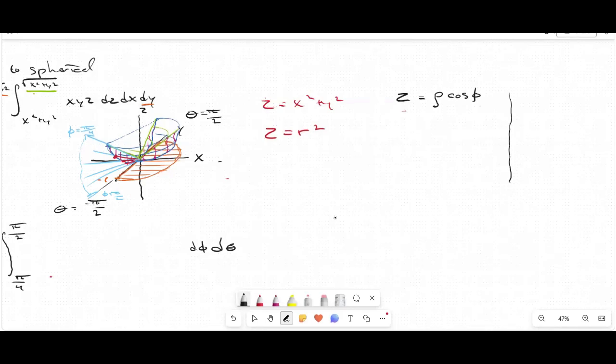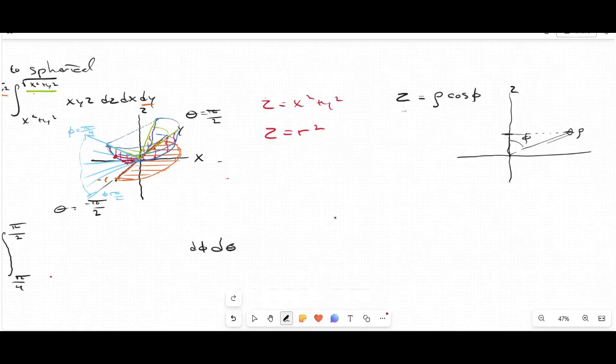Why is that? If this is rho here, and this angle here is phi, then the height, the z coordinate, is the hypotenuse times the cosine. So rho cosine phi.